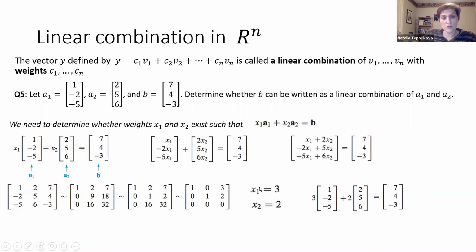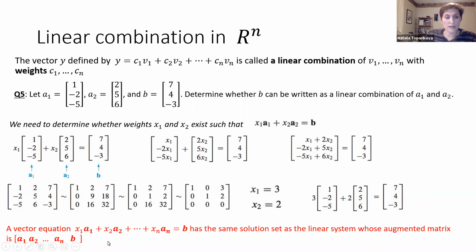And you probably noticed that this vector equation pretty much gives us the same augmented matrix. So we can actually skip the second part and say, you know what? At the end, we would be looking for the augmented matrix.